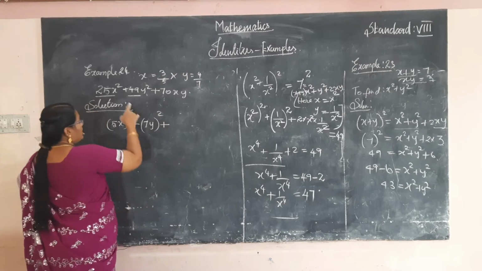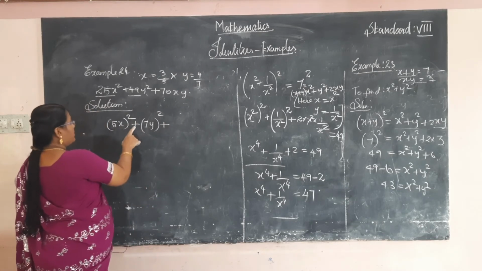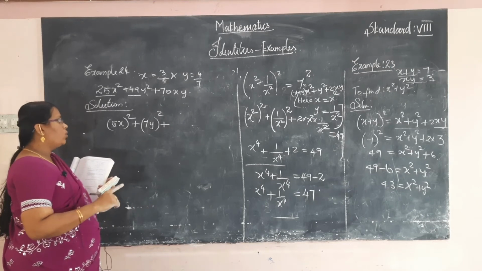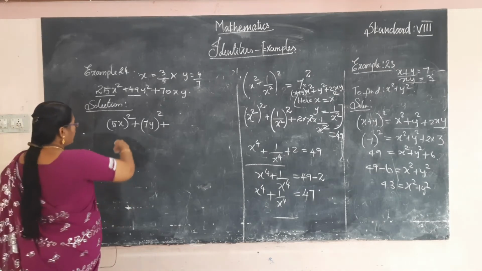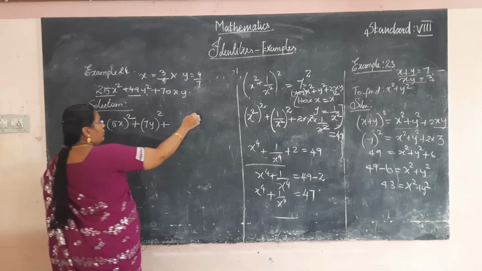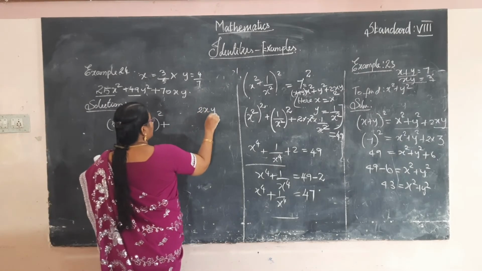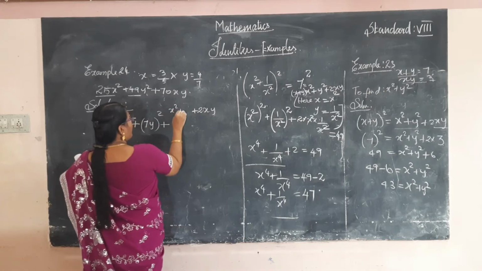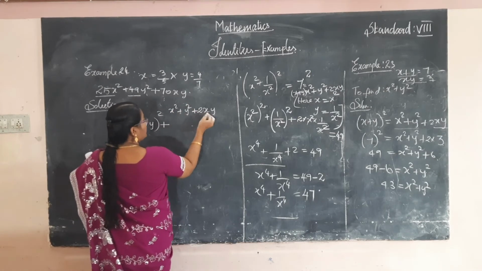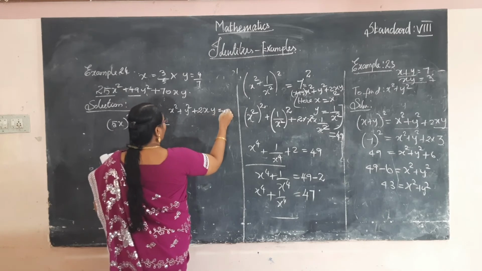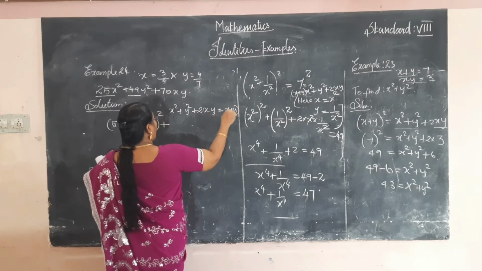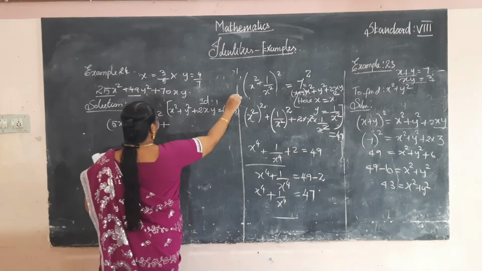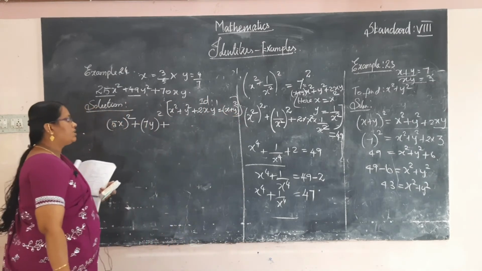Okay. Is it in the form of a plus b the whole square, that is x plus y the whole square is equal to x square plus y square plus 2xy? What is that formula? Identity 1, x square plus y square plus 2xy equal to x plus y the whole square. Already you know that.